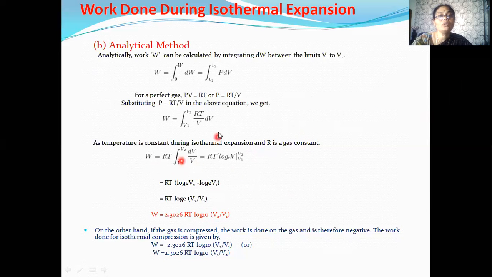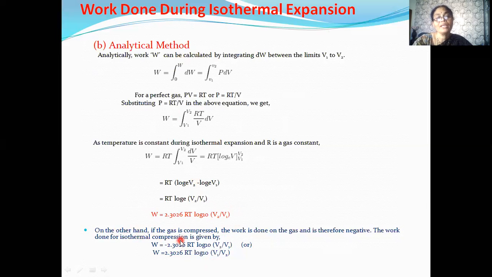So W is equal to RT integral V1 to V2 dV by V, that is RT log V over the limits V1 to V2, RT (log V2 minus log V1), RT log V2 by V1 to the base e, or W is equal to 2.303 RT log V2 by V1 to the base 10. So this is the net amount of work done during an isothermal expansion process.